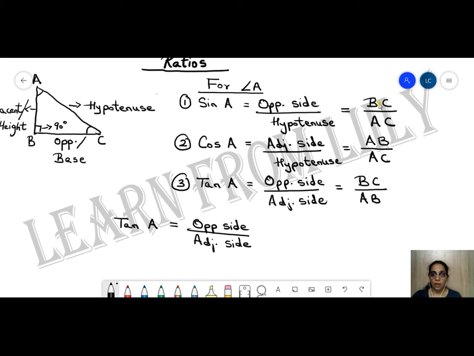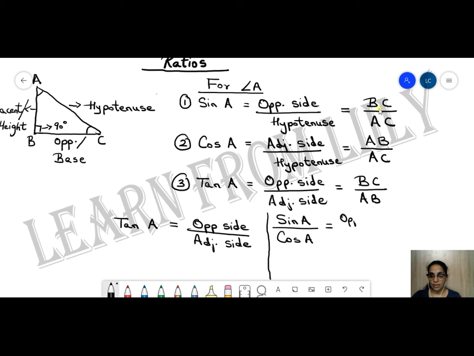Now let me write down something for you over here. Let me take my sine A upon my cos A. What is sine A? We have already defined it as BC upon AC, or I can use opposite side upon hypotenuse.